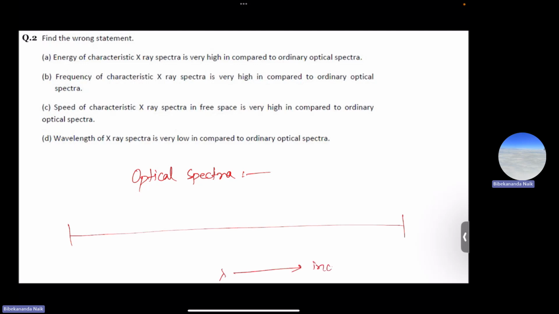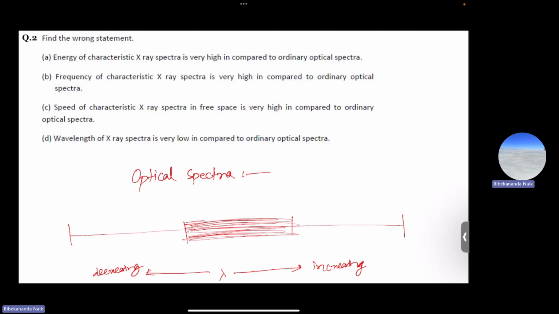Lambda is increasing here, lambda is decreasing here. The optical spectra corresponds to 400 nanometer to 700 nanometer. Inside this optical spectra region we have different spectral lines.